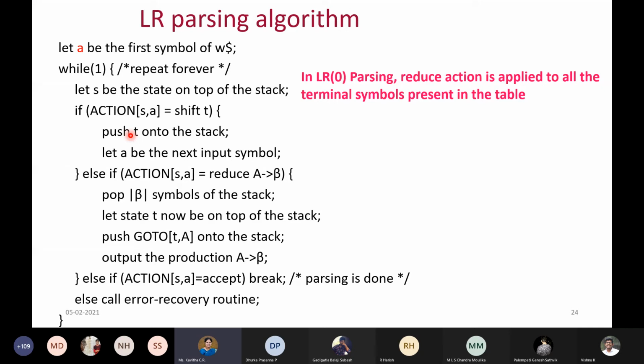Many authors, when they explain the algorithm, do not show the symbol from the input buffer which is pushed onto the stack. But I showed it because then it will be clear for you. If I separate it, you will have to maintain another data structure. No need to do that. In the same data structure we can maintain it. The only thing is that we have to traverse back and take out from the stack.